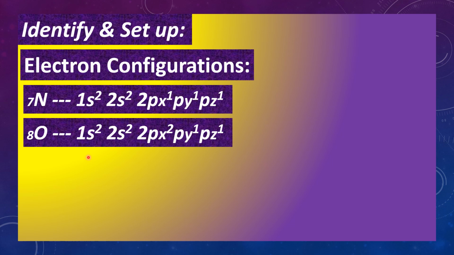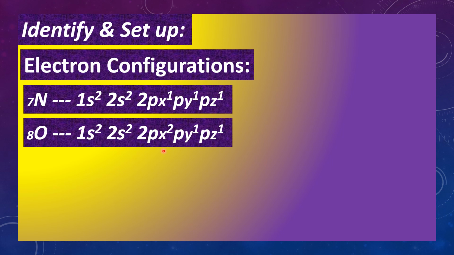Now, for oxygen atom, its electron configuration is as shown: 1s2, 2s2, 2px2, 2py1, and 2pz1.